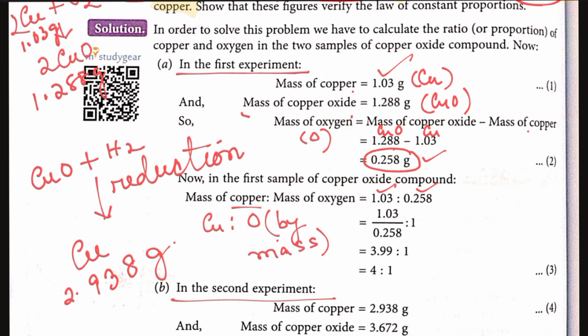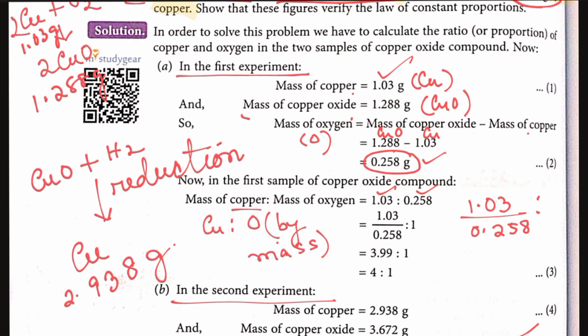When you write "is to", it always means 1.03 by 0.258 is to 1. Obviously if you multiply 0.258 by 1, you will get 0.258 only. So you can write this ratio in this manner to simplify it.